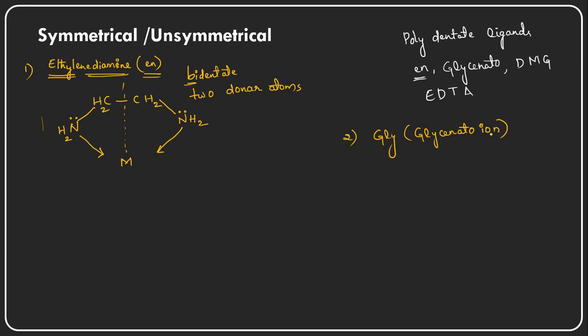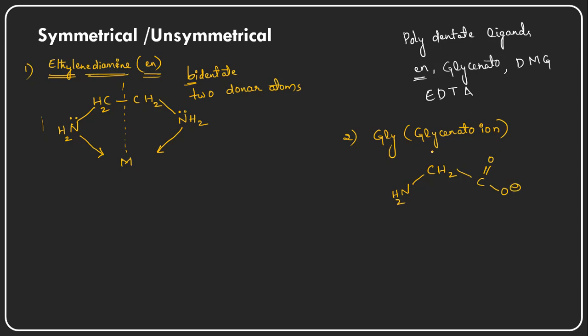The molecular composition of glycinato ion is only one CH2, and at one side NH2. This glycine is an amino acid, right? So NH2, CH2, C double bond O, O minus.